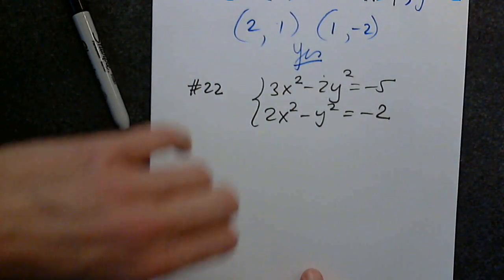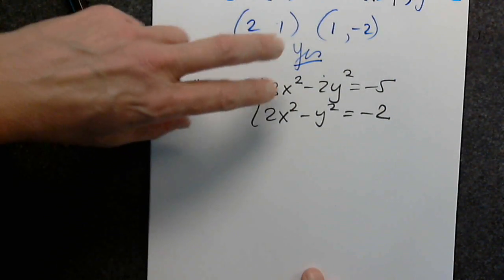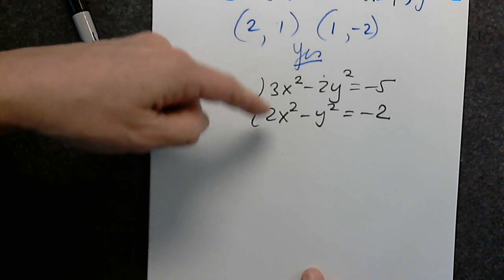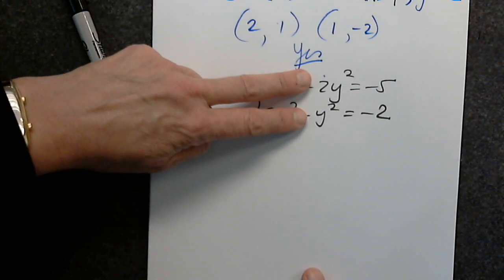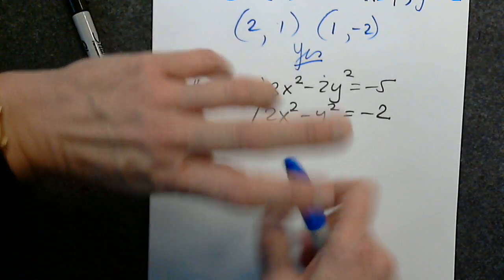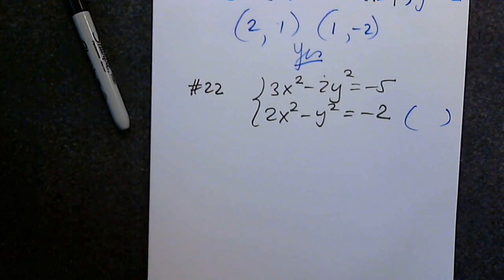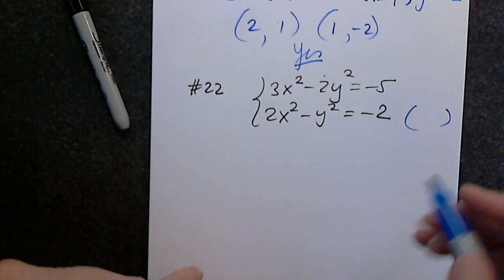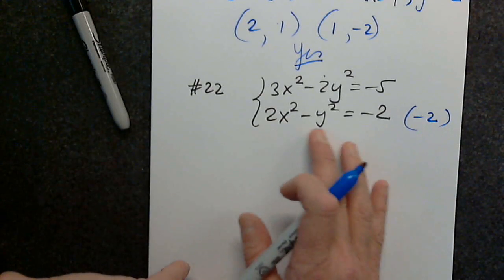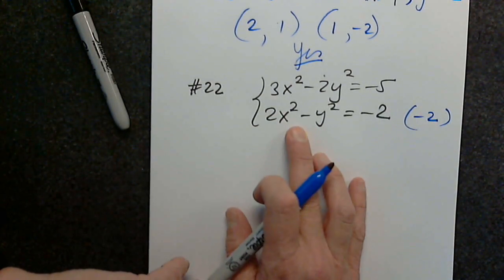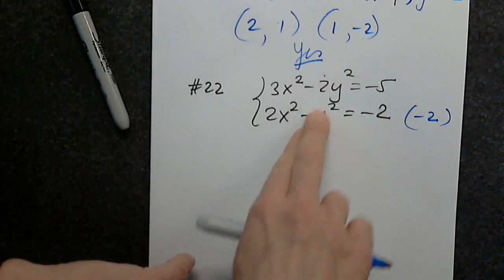So I can use elimination. 3 and 2, if I choose to eliminate x squared, then 2 and negative 3. But look at this one. I have negative 2 and negative 1. What do I need to multiply the second one, only the second equation, by in order to eliminate y squared? Negative 2, because negative 2 times negative 1 will be positive 2y squared, and these two will go away.